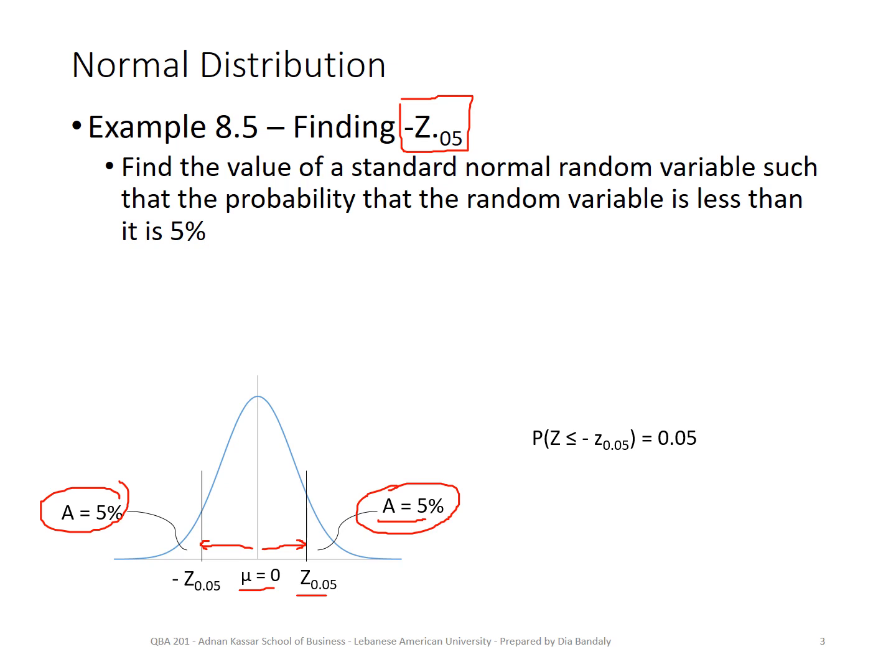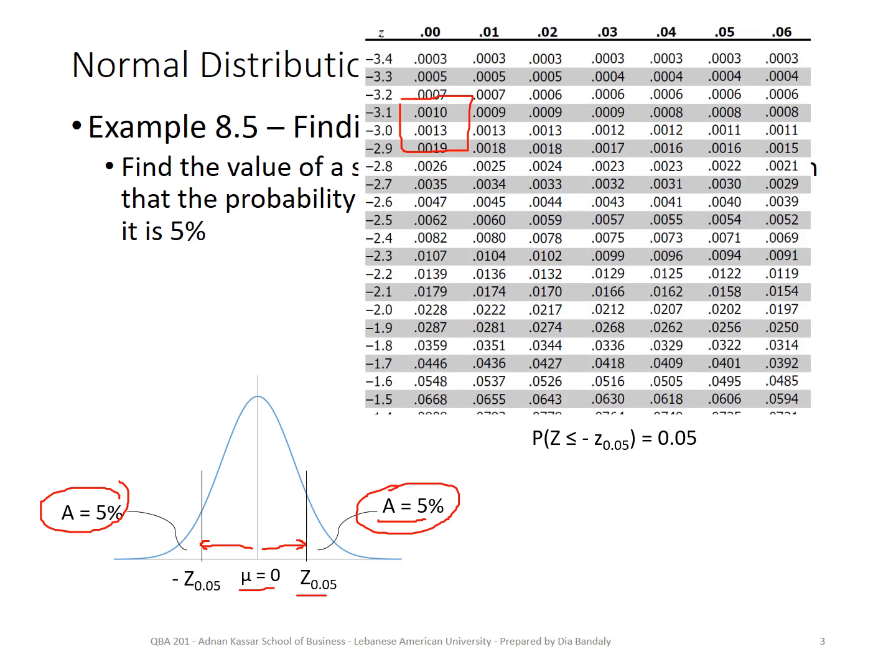So now I can look directly at the table. I don't need to find another area and then look at the table. This area is P of Z less or equal than a specific Z value. So I go to the table and I want to locate 5% or 0.05. As we did in the previous one, now we can see that we have two values close to what I want, this one and that one, and in fact they are equidistant.